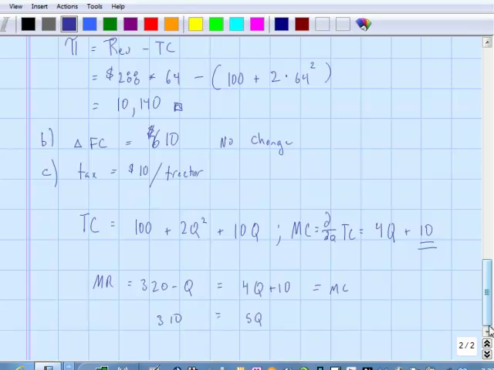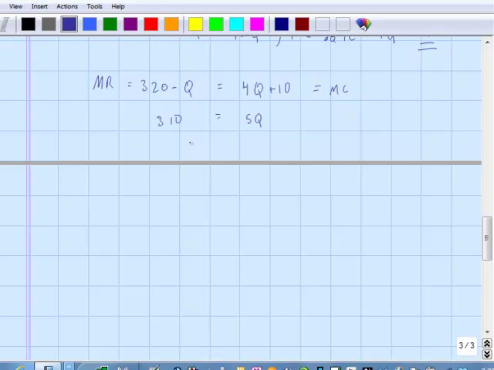The new Q star is going to equal 62. That's down from the earlier 64. For our P star, we plug it back into P is equal to 320 minus 1/2 of Q. Q is 62. So our P star under this new setting is going to be 289.